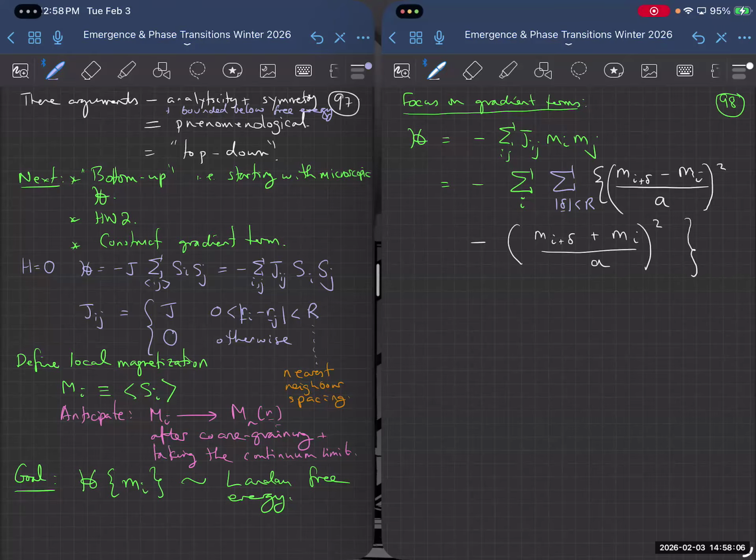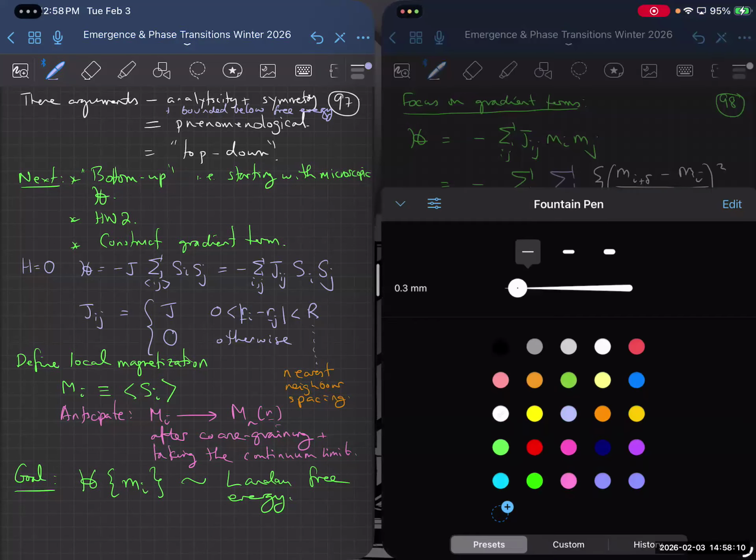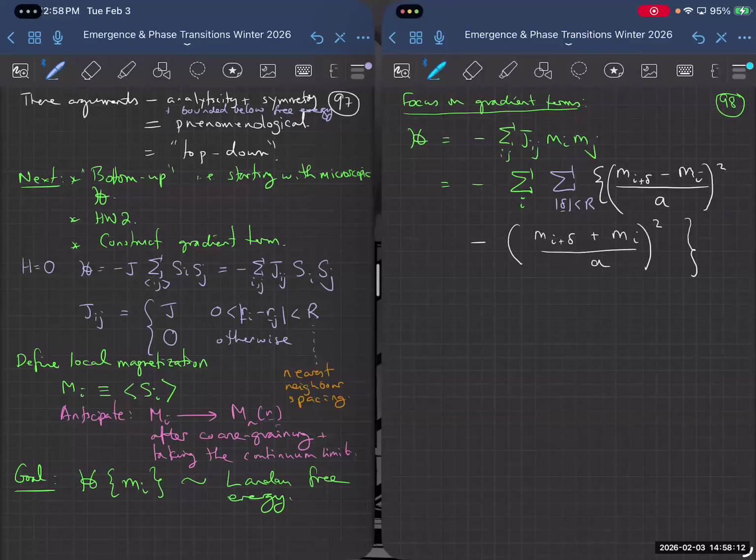And you can see the first term is a spatial gradient. The second term is not. So this is roughly like a spatial gradient, a discretization of the gradient operator.